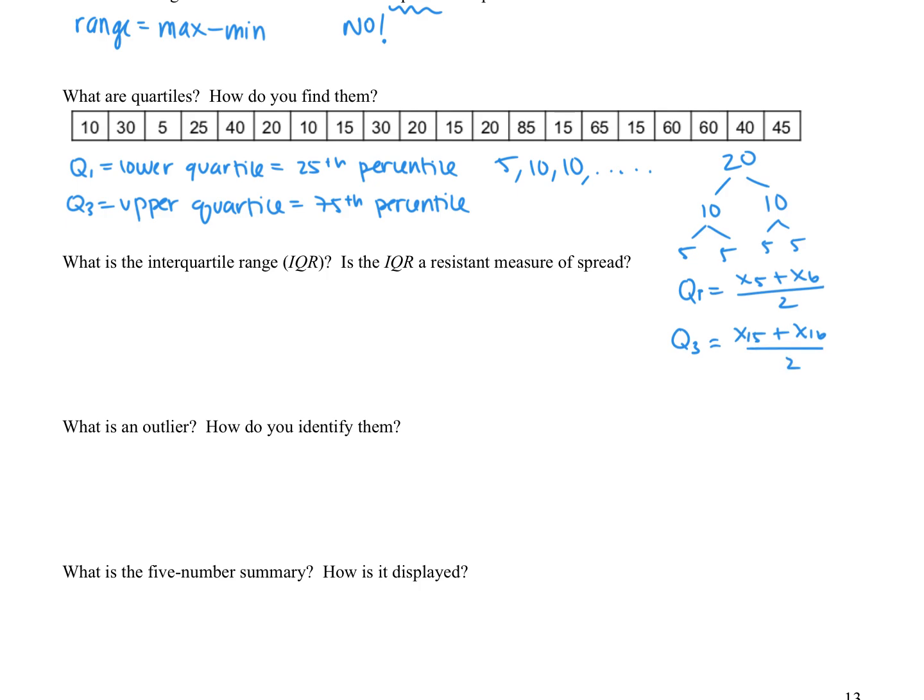Now, your calculator pretty much is going to do this for you. So when we get to the next page, I'm going to tell you how to find those using the calculator. Okay, the reason that you find Q1 and Q3 is to find the IQR, or the interquartile range. IQR is Q3 subtract Q1.